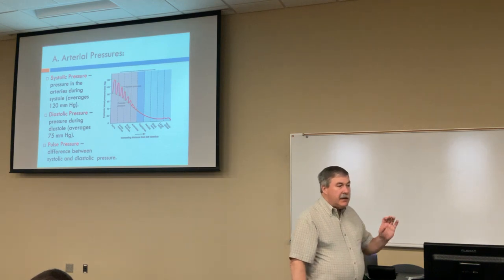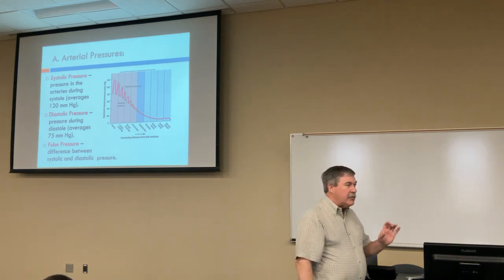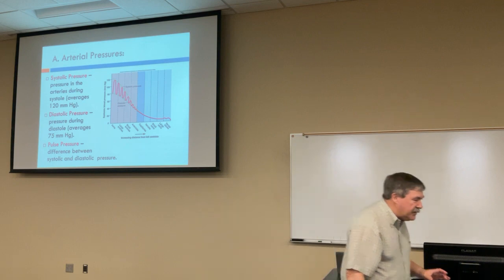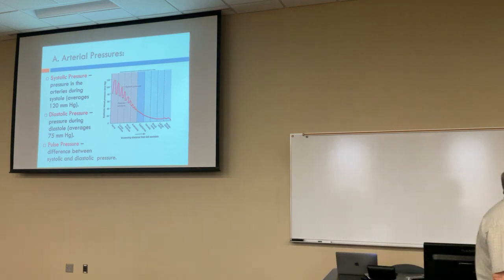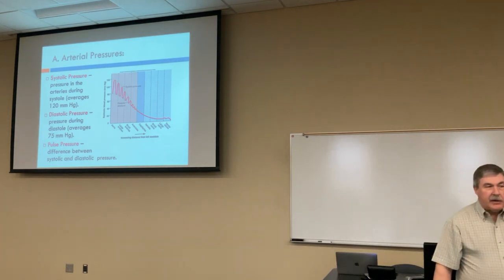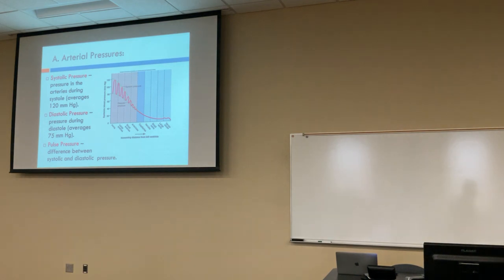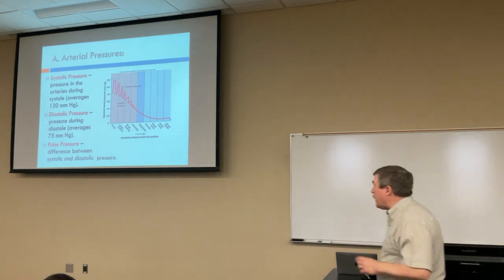Okay. Now, another important pressure in physiology is the pulse pressure. I don't know if the pulse pressure is used that much clinically, but it is used in physiology. The pulse pressure is the difference between the systolic pressure and the diastolic pressure.